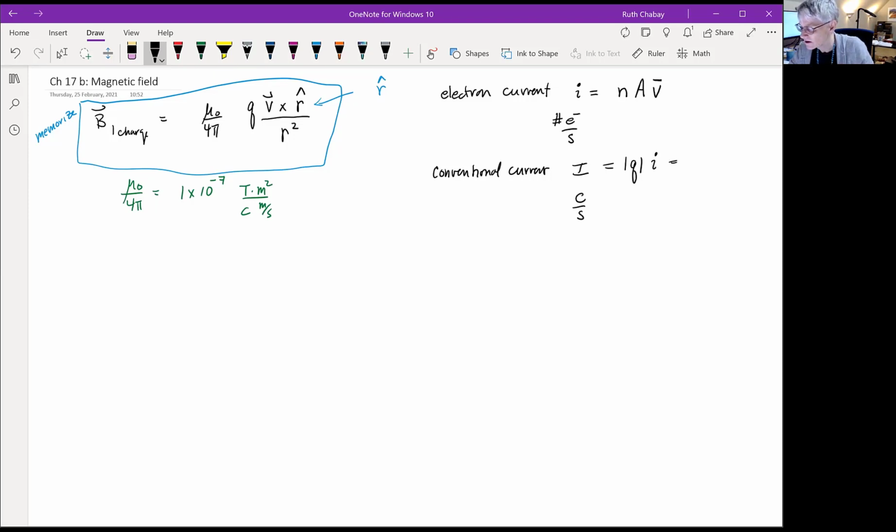And so it's q n A v. You don't have to memorize these equations, but you do need to know what the symbols mean, and what the units of these things are. So you need to know this is the density in electrons per cubic meter. This is the cross-sectional area. And this is the average drift speed.